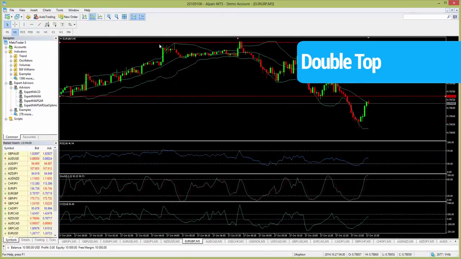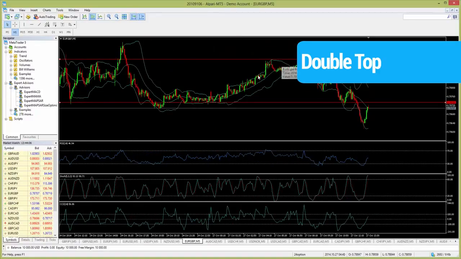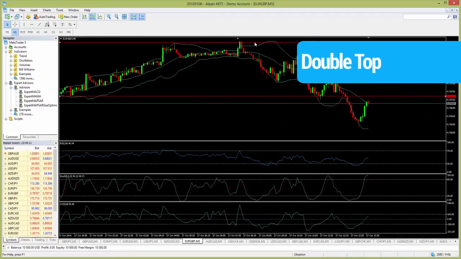Let me zoom in. So you can see that the price was on an uptrend previously, and then it reached a double top. So that means that the price is gonna change course. So it's testing these levels, and the buying power is stopping. So that's why people are gonna start selling, and the price is coming down nicely.